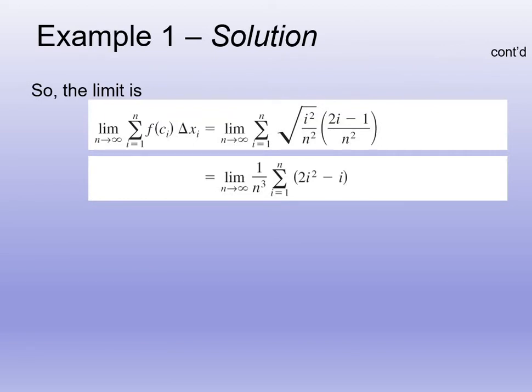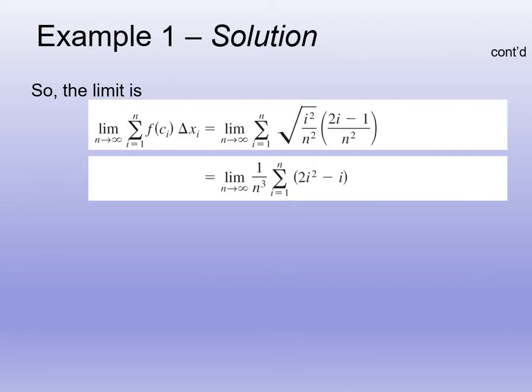We can distribute that i over n to what's in parentheses, alright? So there's going to be an i that distributes to the numerator, and there's an n that's going to distribute to the denominator, okay? So you'll end up with 2i squared minus i divided by n cubed.